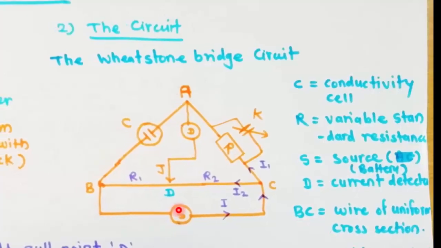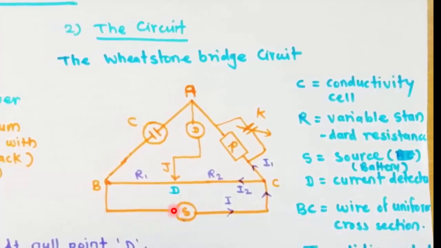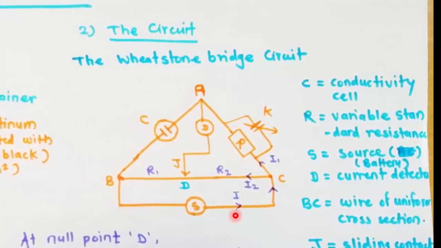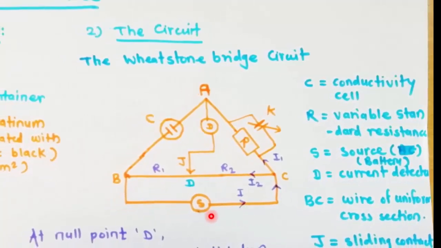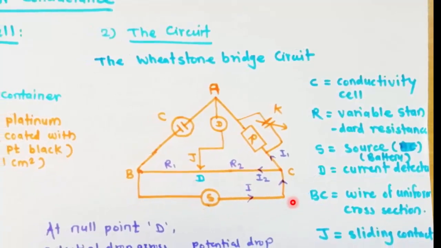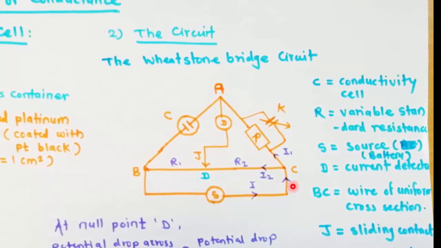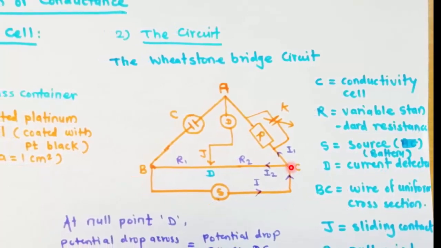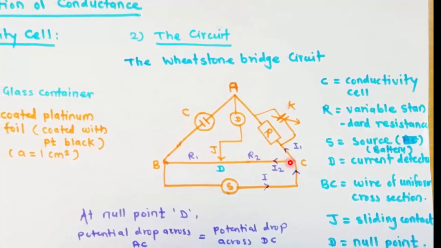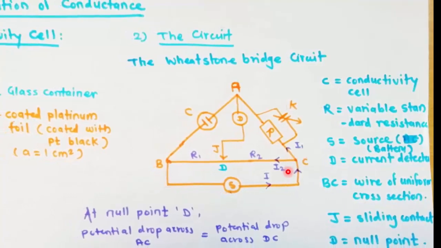Now look here. When I connect the battery, current will flow from the source into the wire. So this is I, the initial current. When this current comes to point C, it gets divided into two parts, I1 and I2.